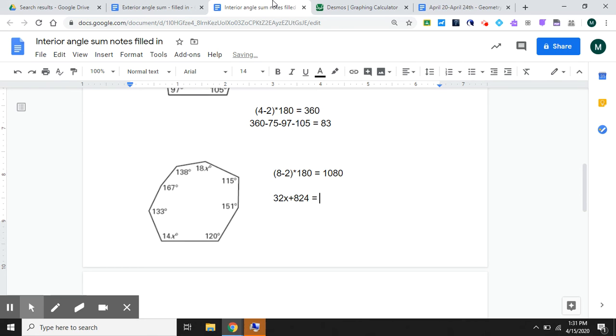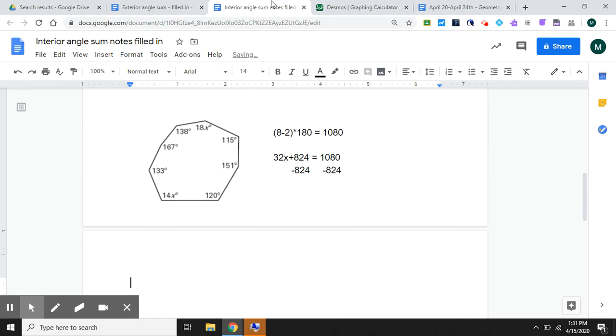And I'm going to set that equation equal to 1,080. So in order to solve this, I want to subtract my 824 from both sides. And you jump over here, subtract 824.